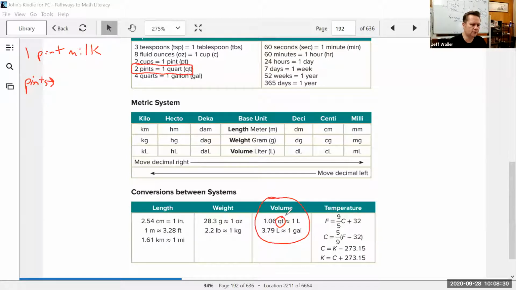What are the steps I'm going to take? If I can go from pints to quarts, I can then go from quarts to liters. That's before we even get to milliliters.